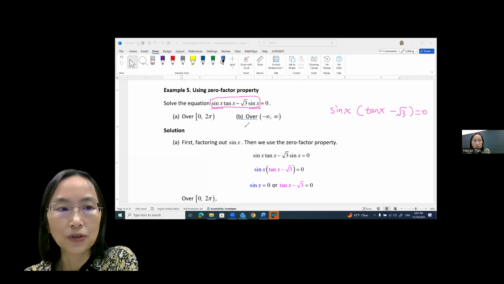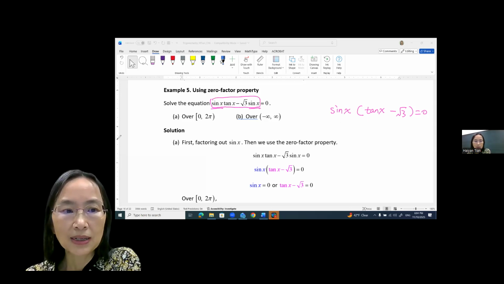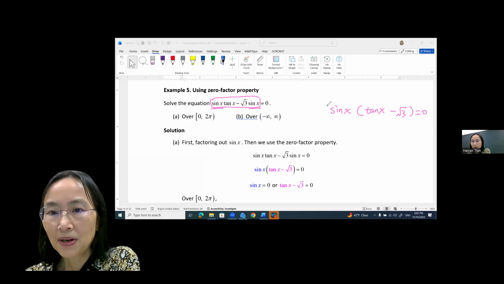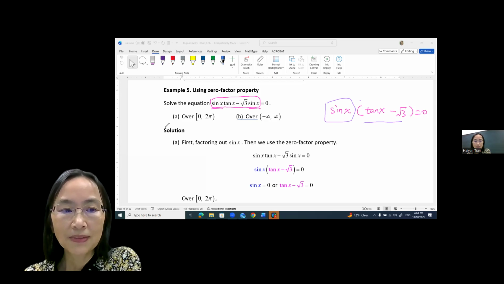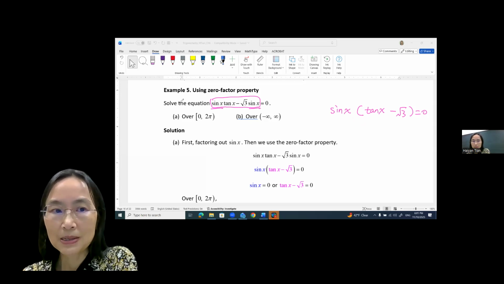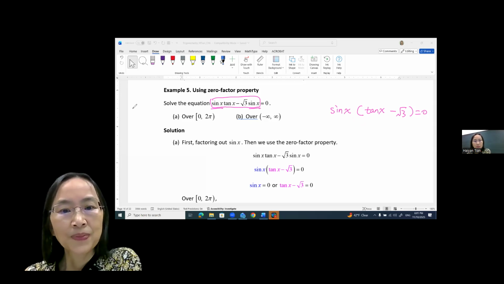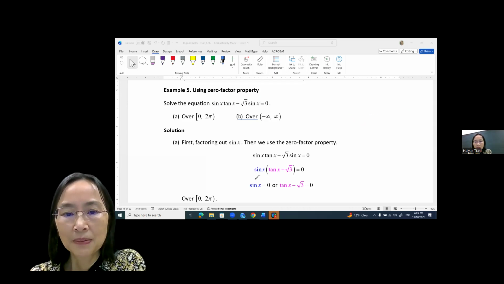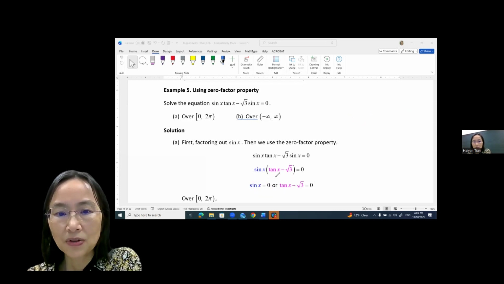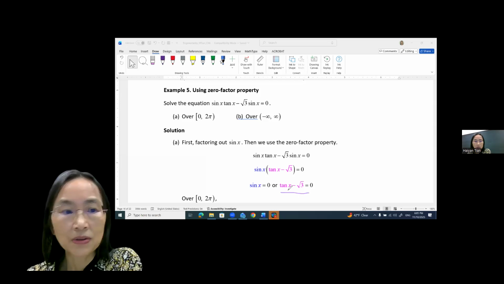Once you have a product, because the product of these two is 0, then we can apply the zero factor property. So one of the two factors must be 0. Either the first factor is 0 or the other factor is 0.